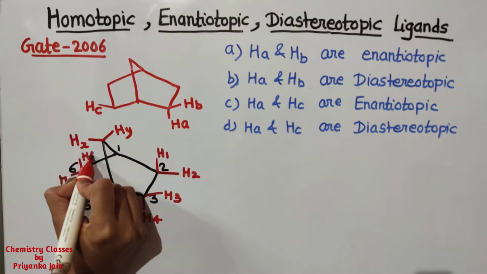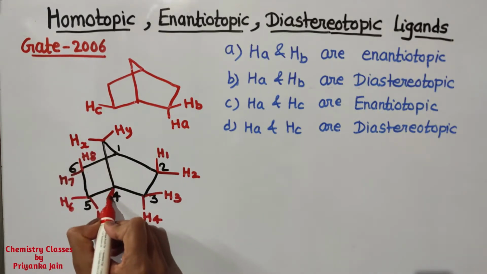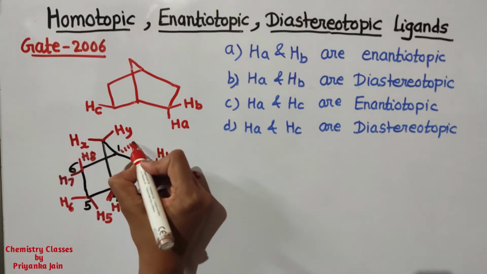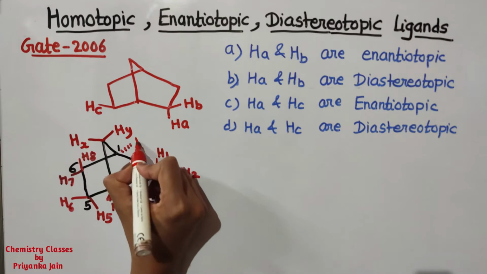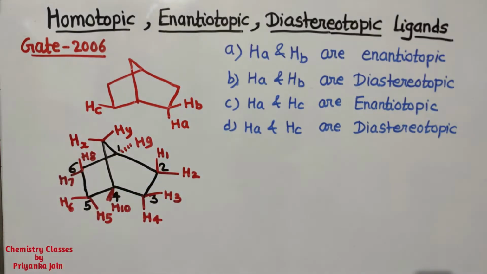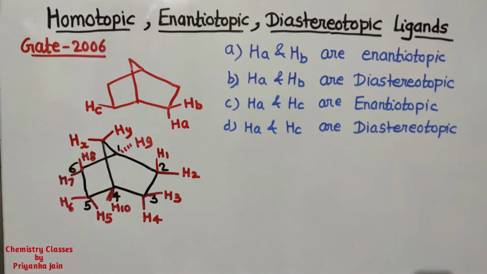These are all hydrogen atoms. And there is one hydrogen atom here that is above the plane, and this one is below the plane. This is not given to us, but you should remember that this is below the plane and this is above the plane. Now we should know about all these hydrogen atoms.